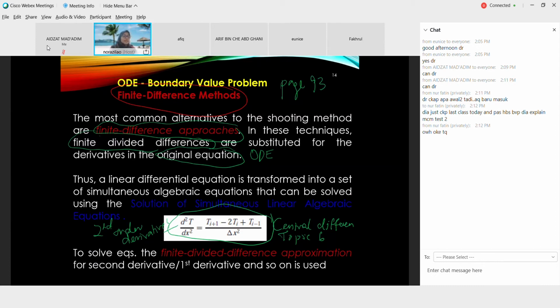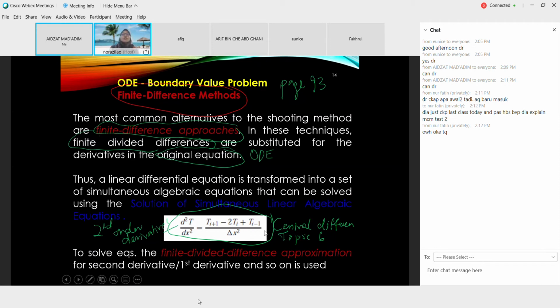So you see, the second order derivative f double prime x equals f(x_{i+1}) minus 2f(x_i) plus f(x_{i-1}), divided by h squared. Same, right?